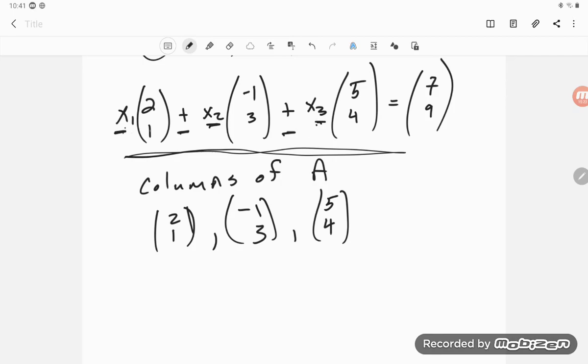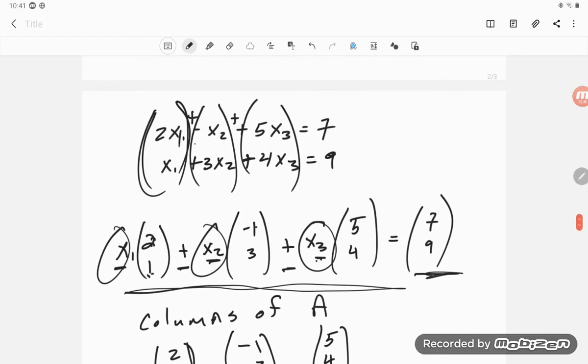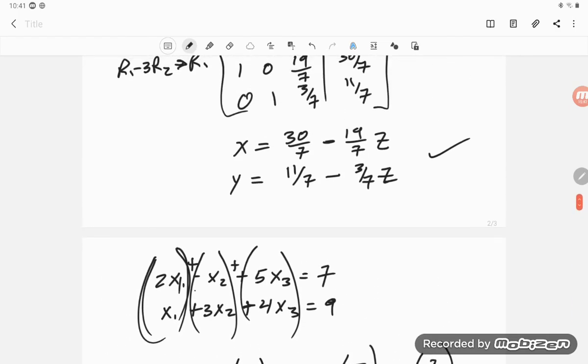So a linear combination of these vectors to make this vector. And I'm just asking the question, well, what is that combination? You know, how many of these vectors, the 2, 1s, should I add to these vectors, the -1, 3, and so forth? And back here, one answer would be to add 0 for x3.